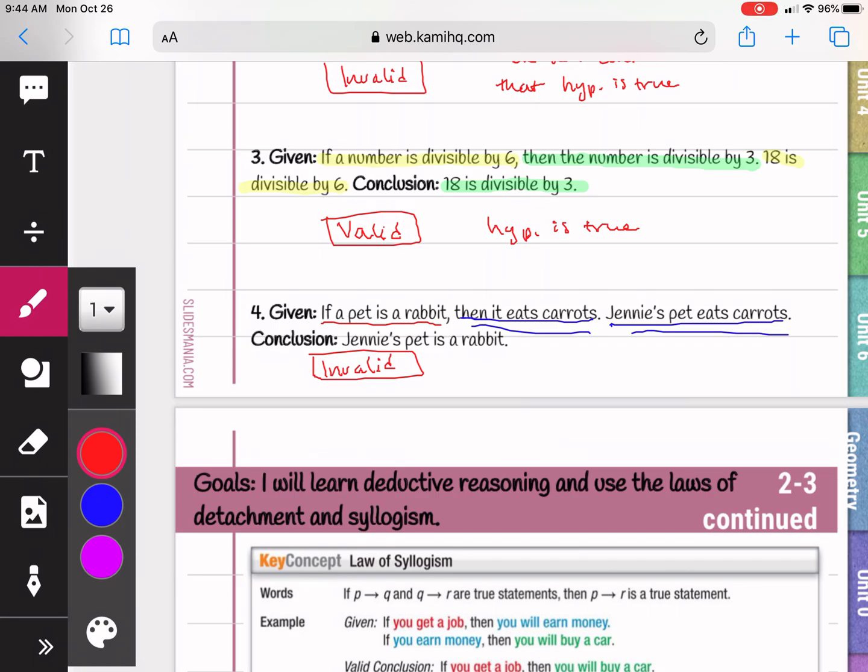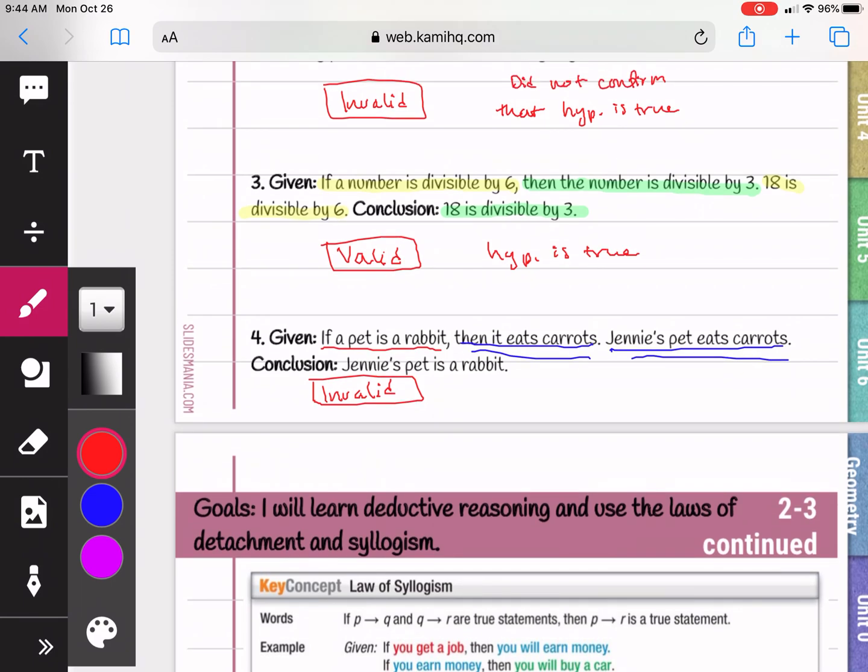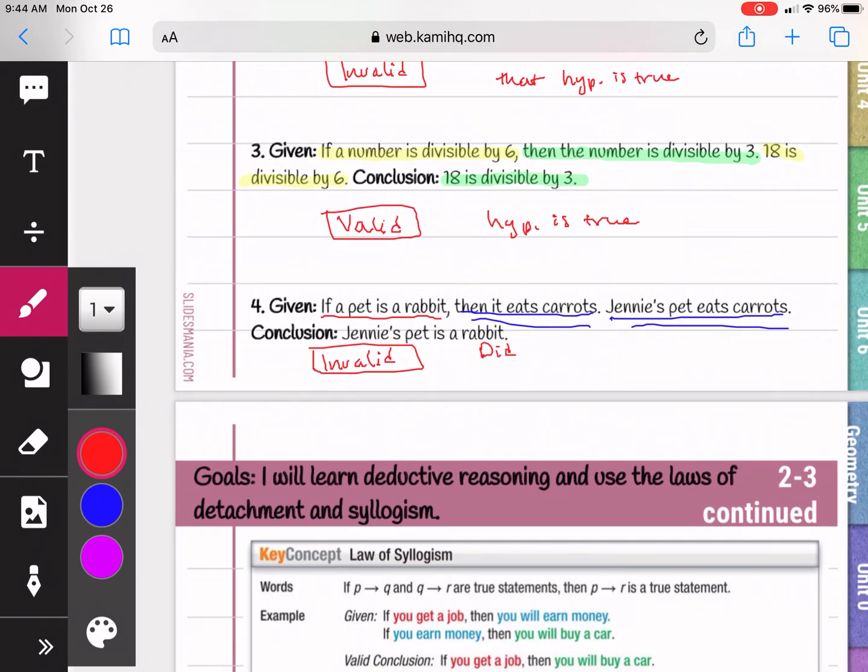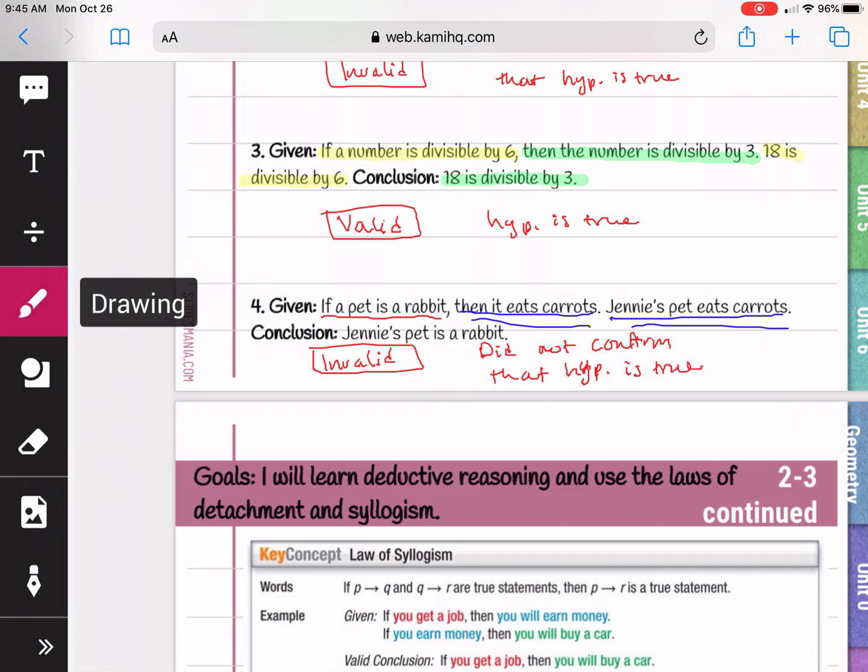So it's very important when you're using the law of detachment that you're checking that the hypothesis is true. Here we did not confirm that the hypothesis was true. So because we did not confirm that, we could not confirm that the conclusion about her pet being a rabbit was also true. So law of detachment, you have to confirm the hypothesis is true. That's the main part.